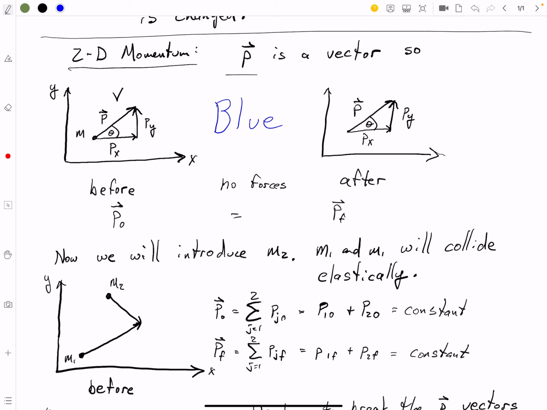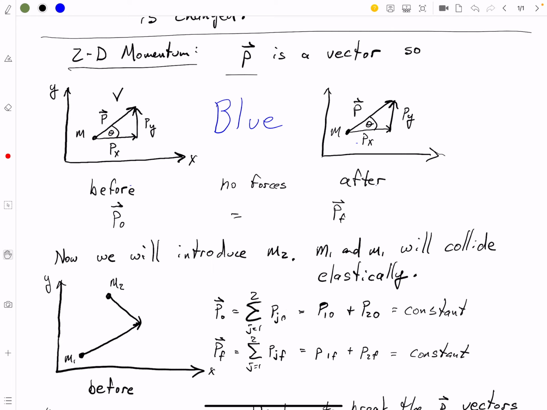We decide what our x and y coordinates are, and we break that down into the components for each of those x and y, and we see that before and after, as long as nothing is acting on this particle, nothing is acting on our blue body system, then we have a before and after that are the same.